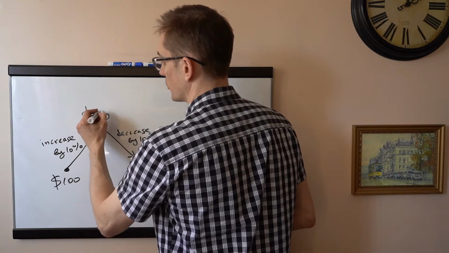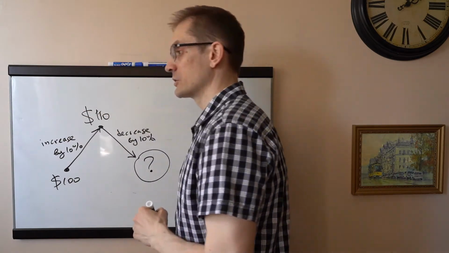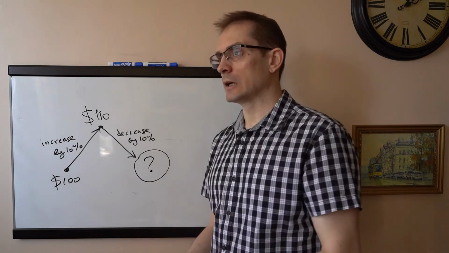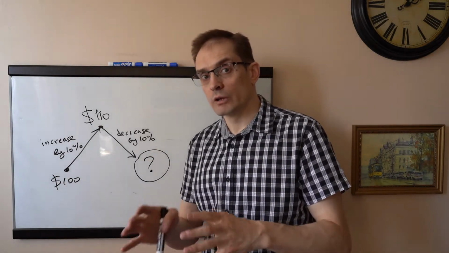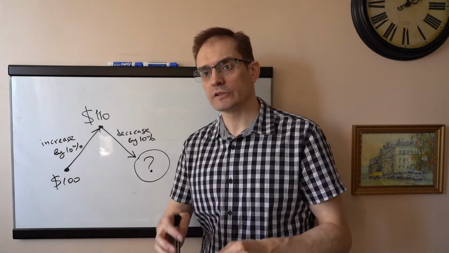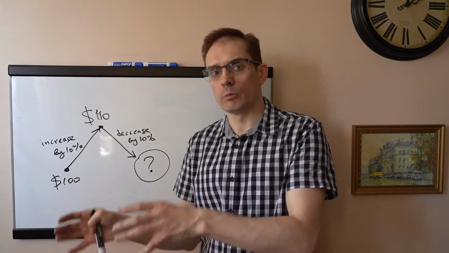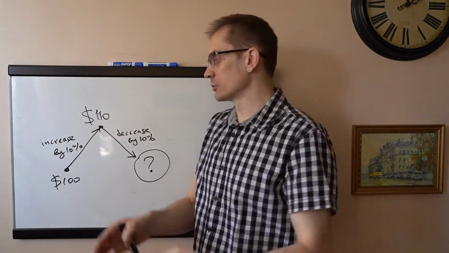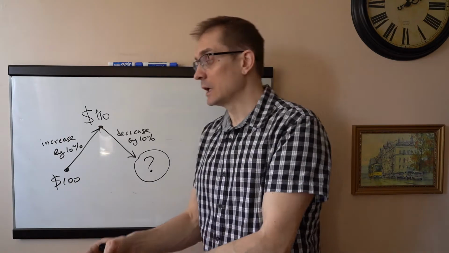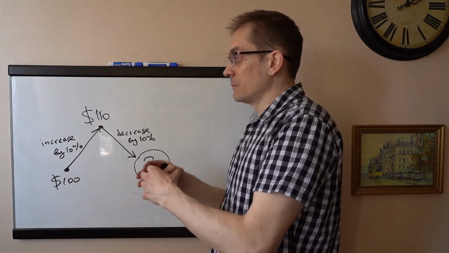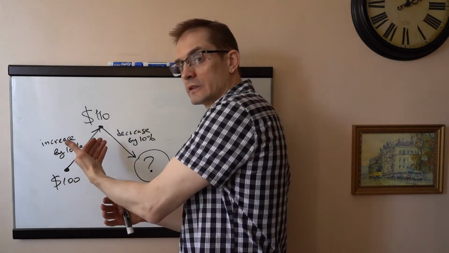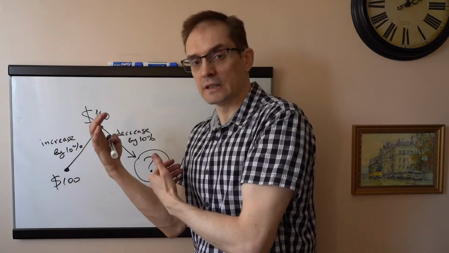We'll speak more about increase shortly, but now you probably can already understand what it means to increase by 10%. Increasing by 10%, you put 10% on top of the original amount, right? So 10% of $100 is by definition 10, right? And putting $10 on top of $100 makes $110. That's the increase by 10%.